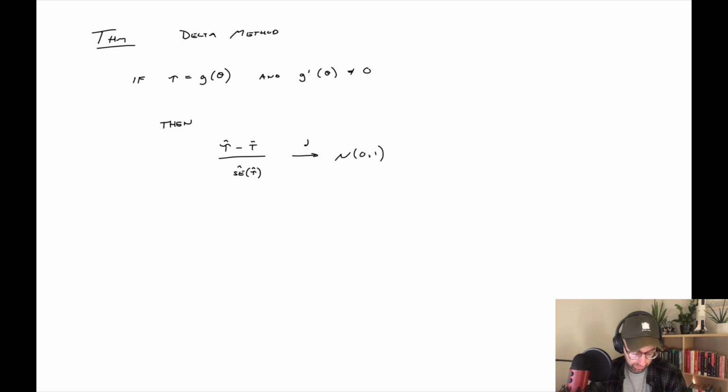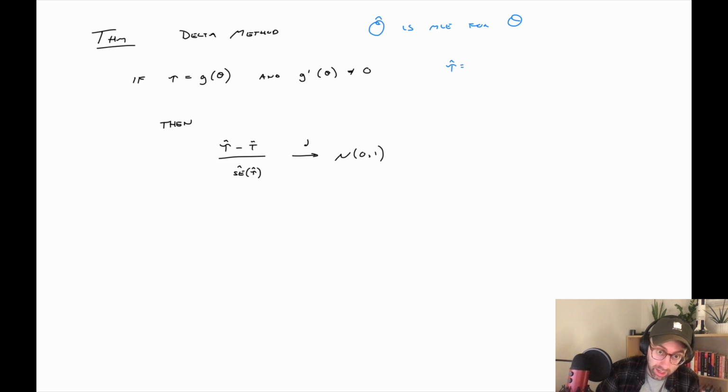So here we have tau defined to be some function g of theta. And we're going to assume that g is differentiable and the derivative of g at theta is not equal to 0. But let's also think, well, theta hat is the MLE for theta. And that means that the MLE for tau is g of theta hat.